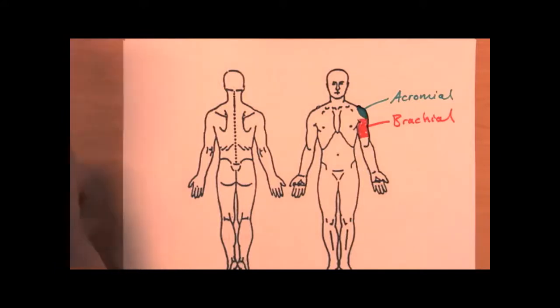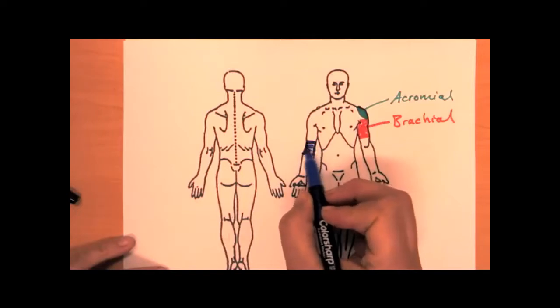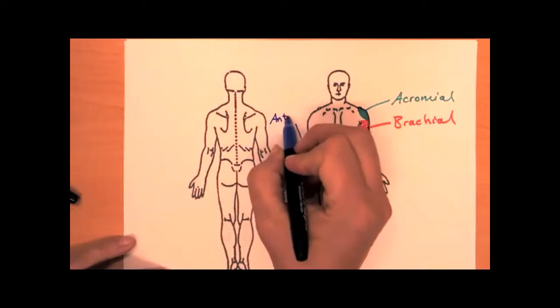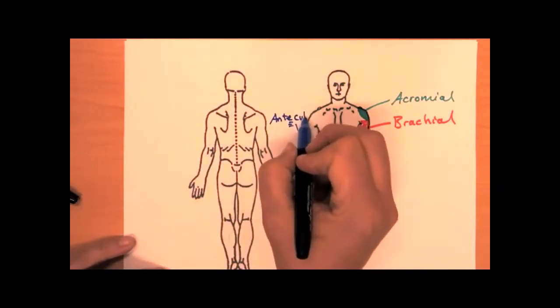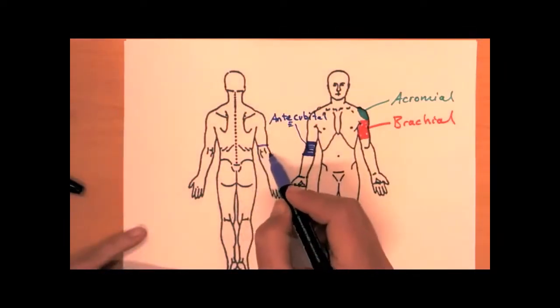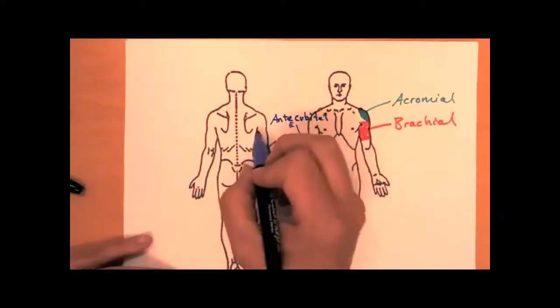The next pair of terms are both talking about the elbow, but opposite sides of the elbow. The anterior side of your elbow, this is called, with an E, cubital. And the posterior side, into the pointy part of your elbow, this has two different names.